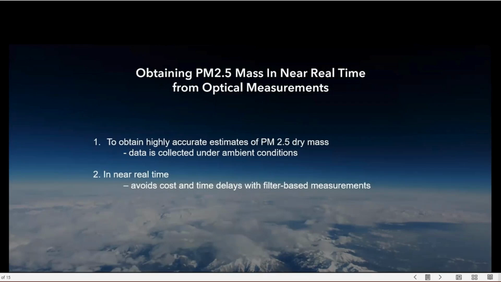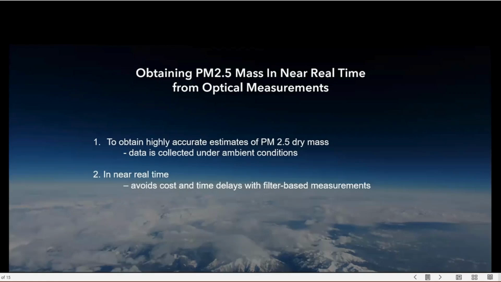The difference is that nephelometers are a lot more accurate and sensitive in their measurements than a lot of the particle counters that are used to do that. But we always collect our data under ambient conditions. And so those people who want to know PM2.5 mass, they want to know dry mass. And so that's what some of the work of Dr. Li is all about, converting this to dry mass.